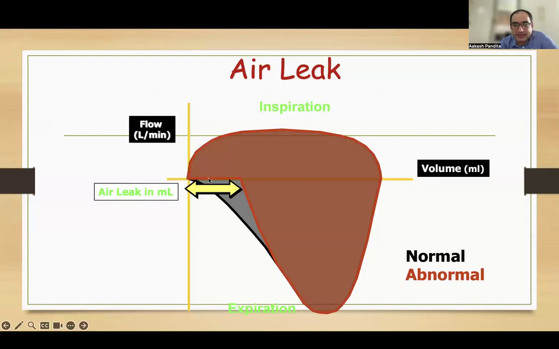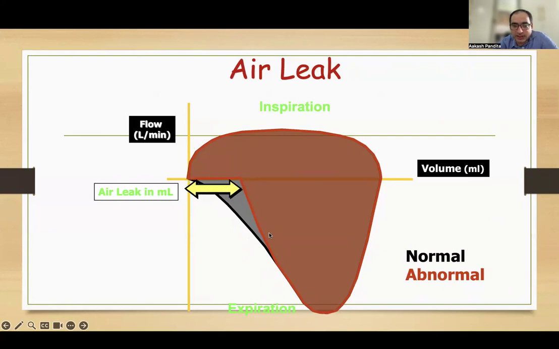Whenever there is an air leak, the expiration will not come back to the initial point. Again, this amount of air is leaking, and that's why I will get this appearance. Normally, it should start from here, go to this as inspiration, and then come back to the initial point as expiration.